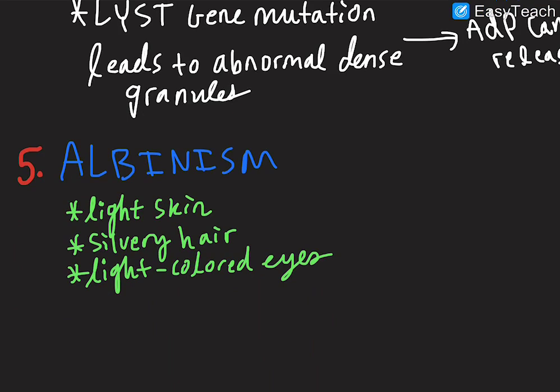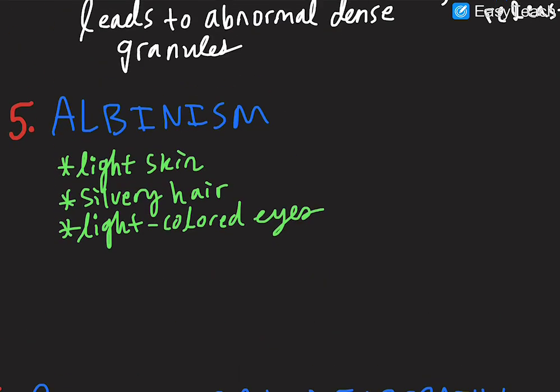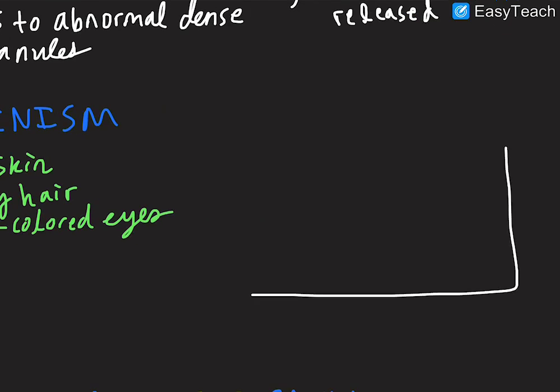Another finding is albinism. Now, we already discussed this in the overview slide. So if you have your melanocyte, which we said is in the stratum basale layer, which is the fifth layer of the epidermis, if you're counting the stratum lucidum to be the second layer in thick skin like palms and soles, your melanocyte makes melanin.